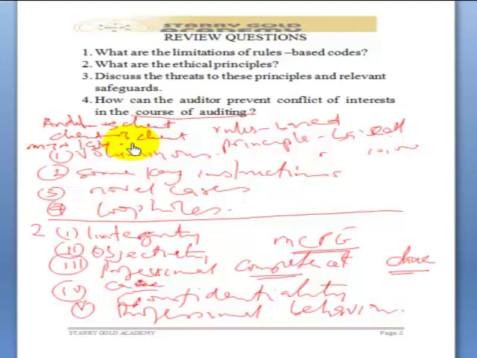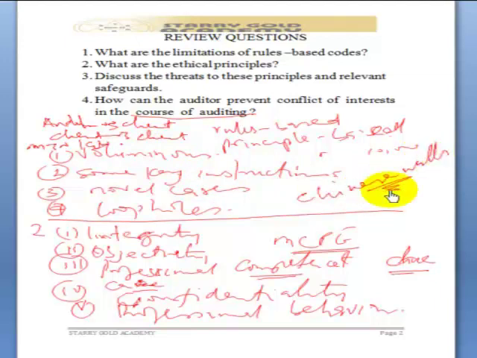Then number two, you need to compartmentalize the audit team that will audit these clients. All right, the MTN team should be different in composition to the Glo team. All right, and even the cabinets where they are keeping their documents should be separate. That's what they call Chinese walls.